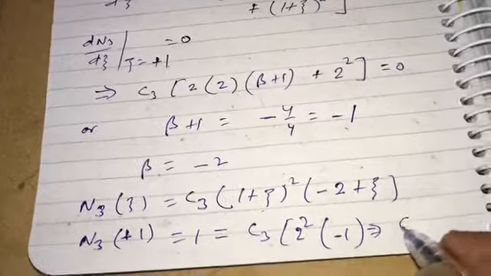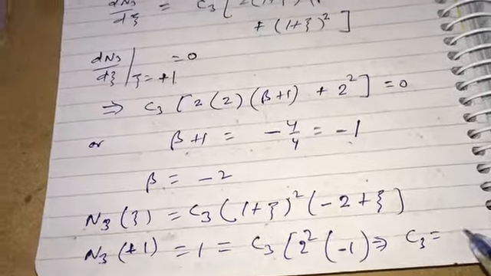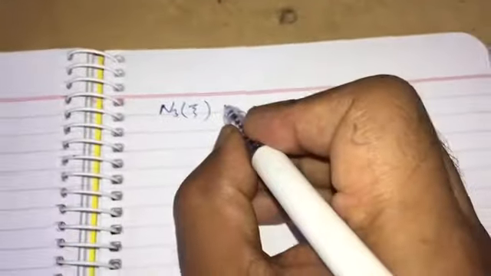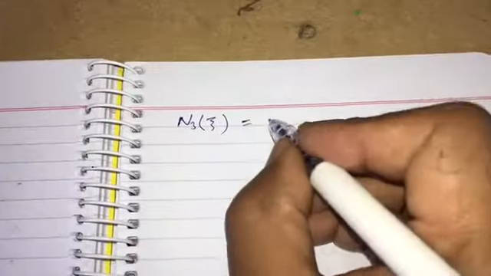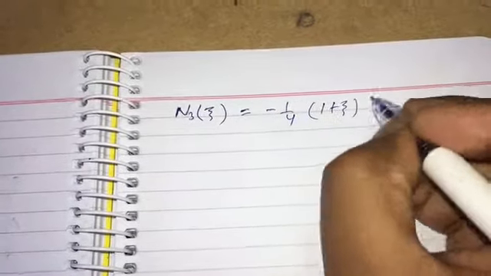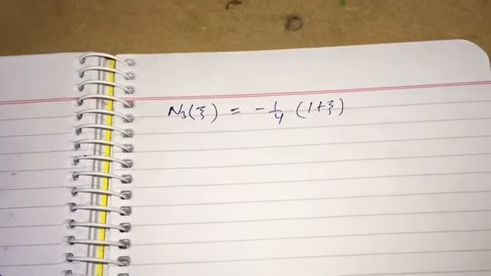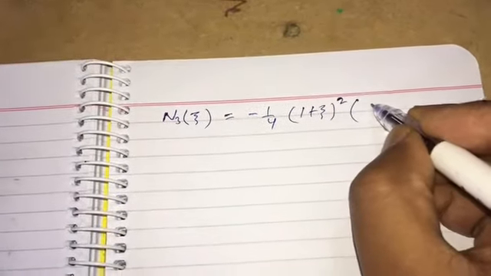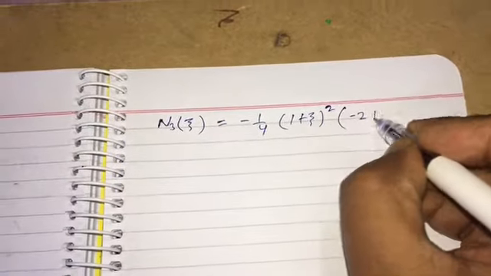Okay, so that makes it C3 equal to minus 1 over 4, or simply N3 xi is equal to minus 1 over 4, then 1 plus xi square, and then minus 2 plus xi.